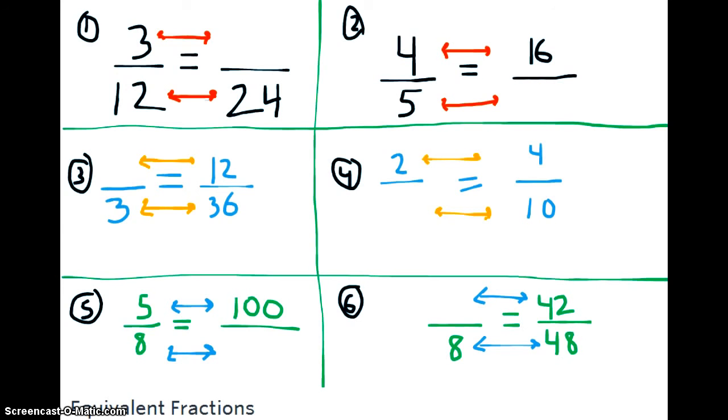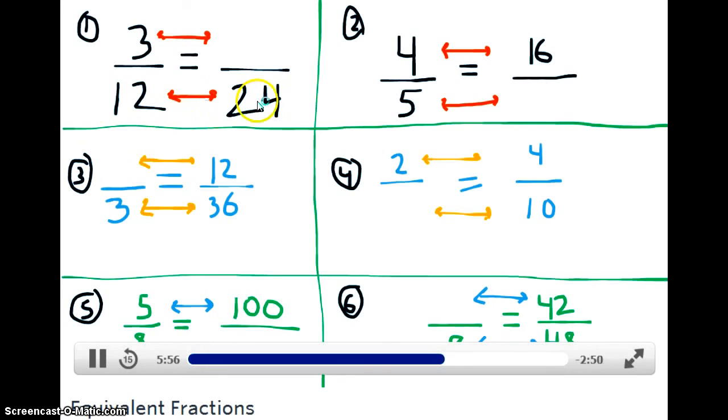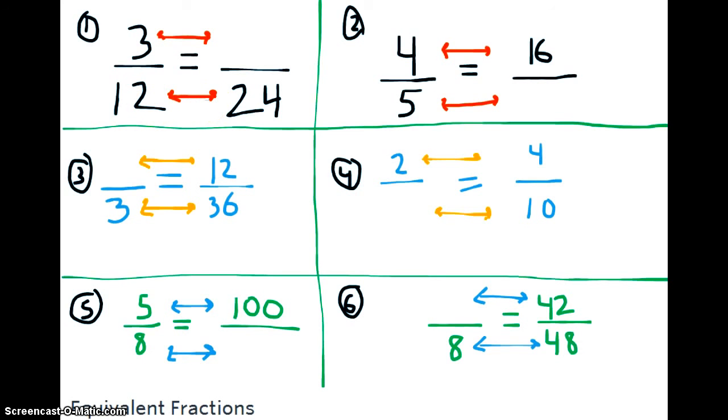So, for example, number 1, I'll ask myself, I see the relationship between the 12 and the 24. The 12 and the 24 here. So, I could go one of two ways. 24 divided by what is 12, or 12 times what is 24. And I know my answer either way is 2.